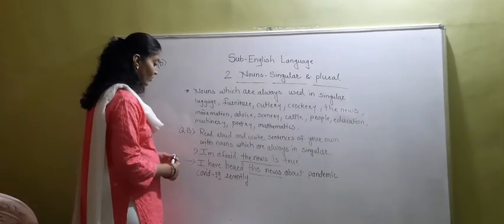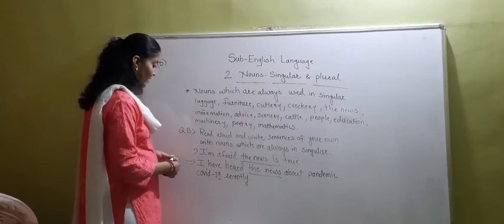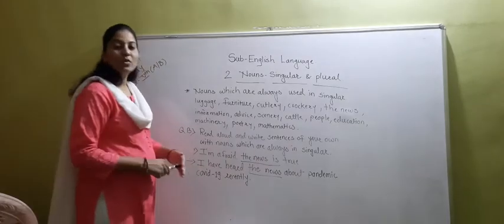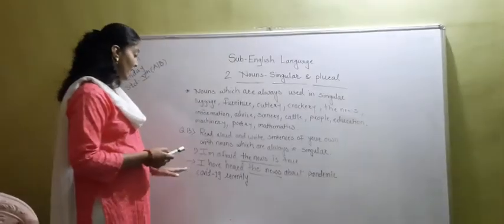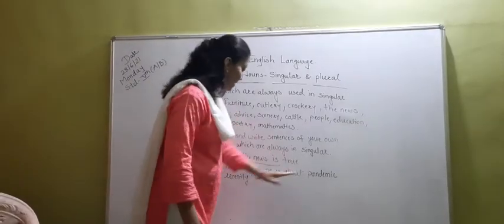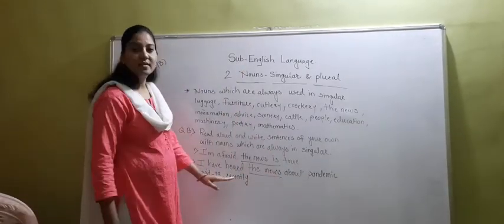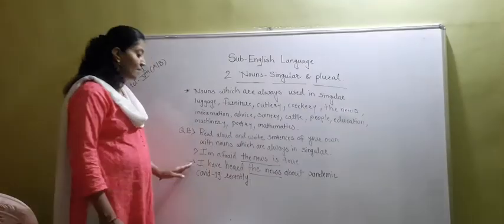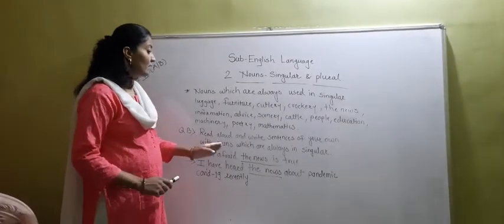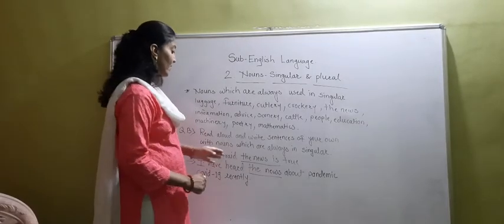Okay? So here the sentence is used like this, I am afraid the news is true. And you have to form your sentence like this. I have formed, I have heard the news about pandemic COVID-19 recently. Okay? So you can make your own sentence using these singulars that are given in the sentence.